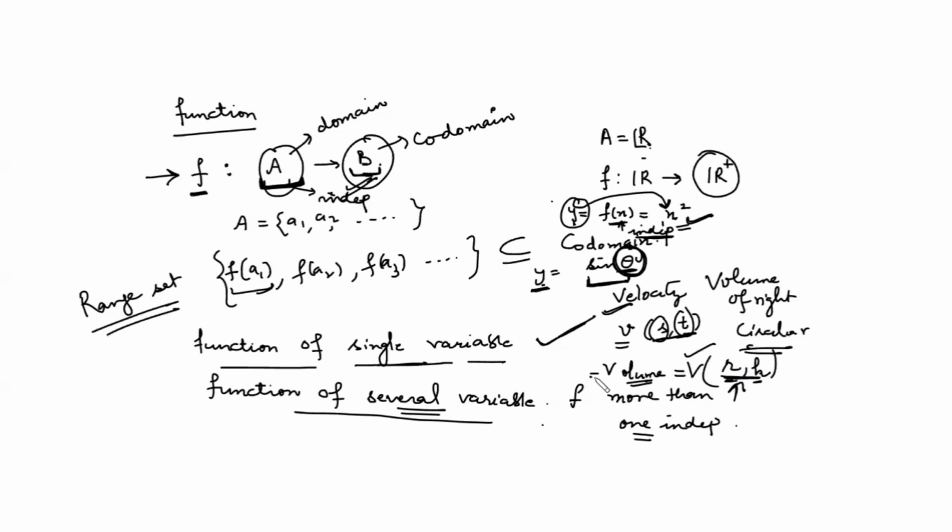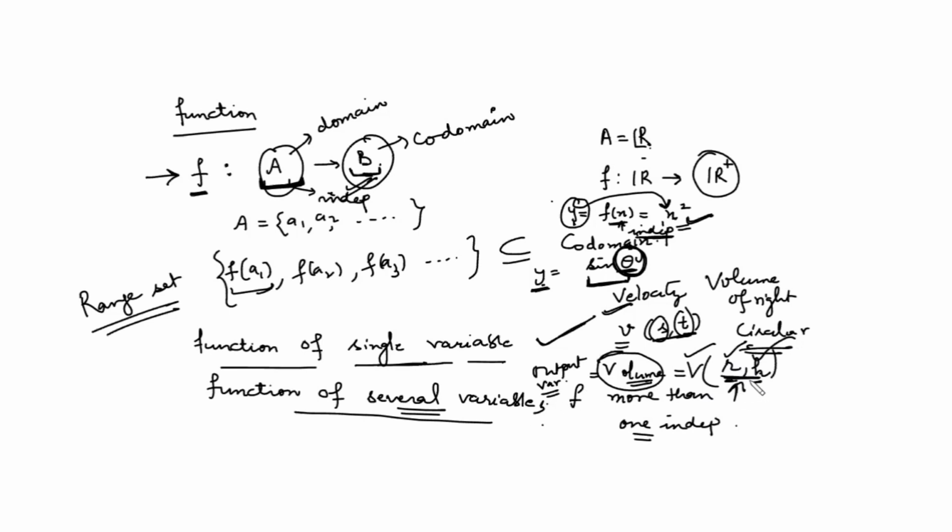That is the output variable. So you can see this volume V depends on two independent variables, R and H. Similarly, your function may depend on more than two also. So that is a function of several variables.